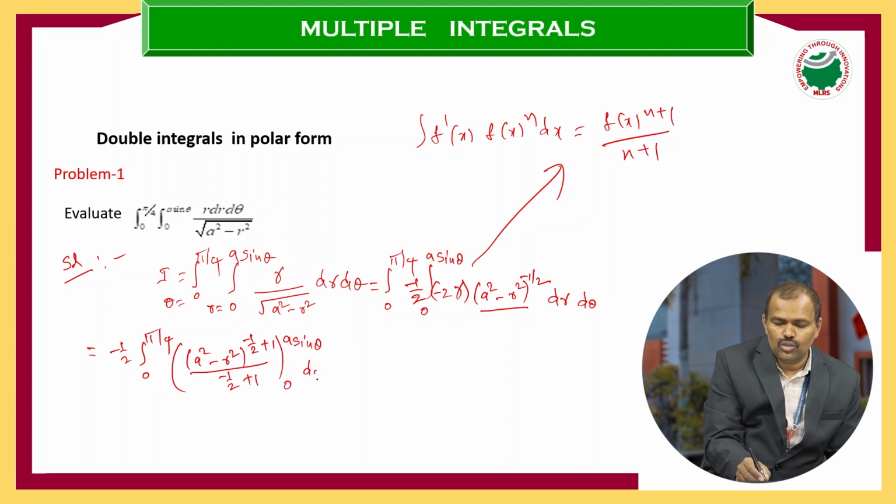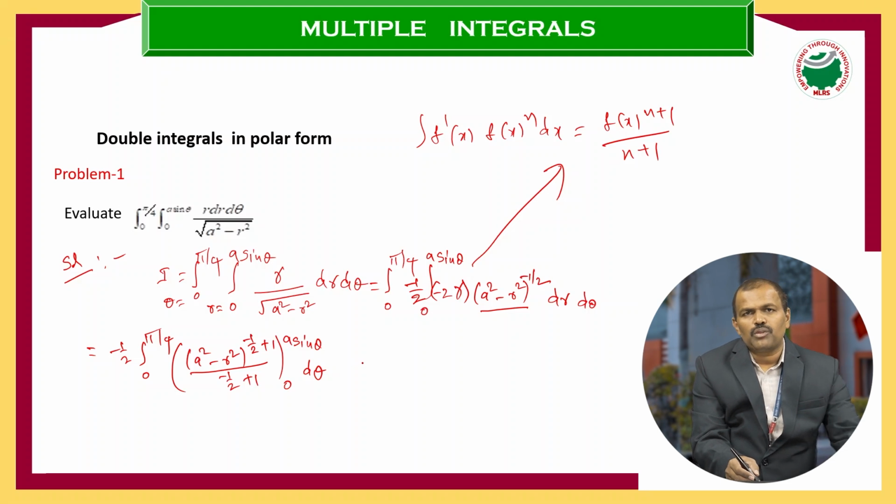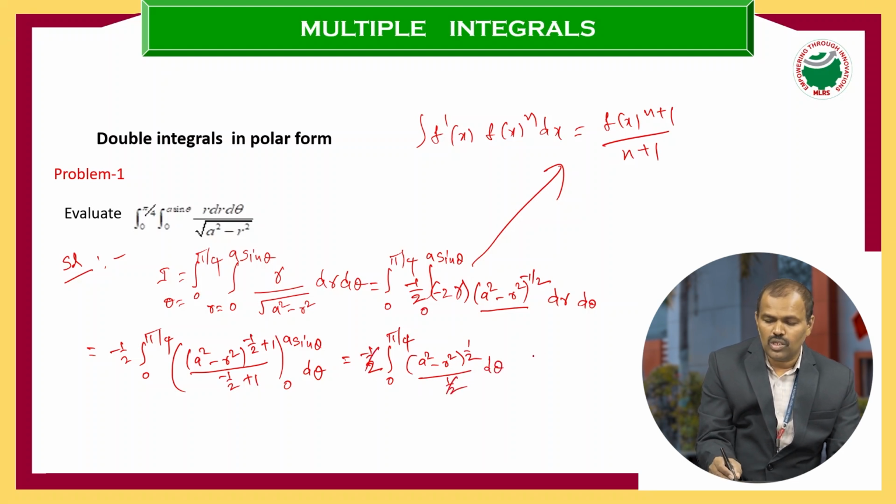So minus 1 by 2 plus 1 is plus 1 by 2. This becomes minus 1 by 2 into integral 0 to pi by 4 of a square minus r square power 1 by 2 by 1 by 2, d theta. This 1 by 2 cancels.